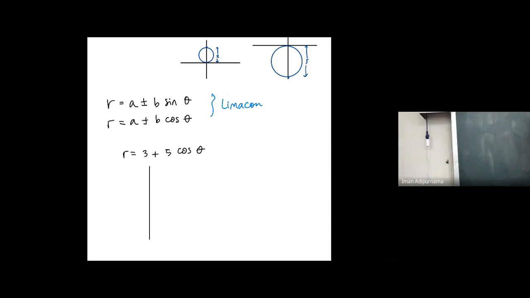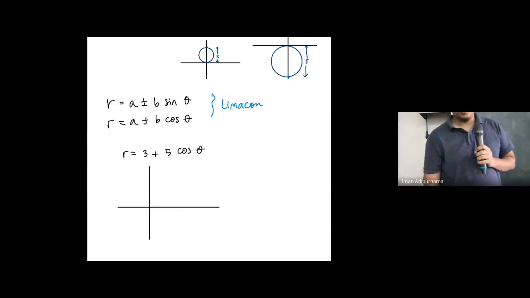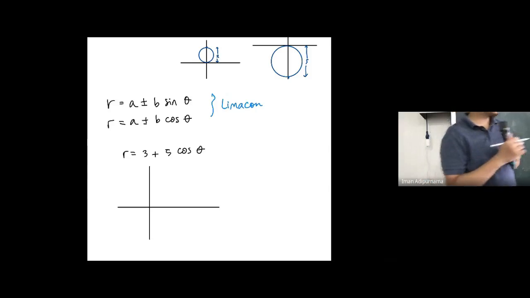Because it's positive cos, it will have the big structure on the right side. Let me draw. Okay. Now for limaçon, you need to see this A, B. We have several types of limaçon. Okay, but let me start with the first structure.